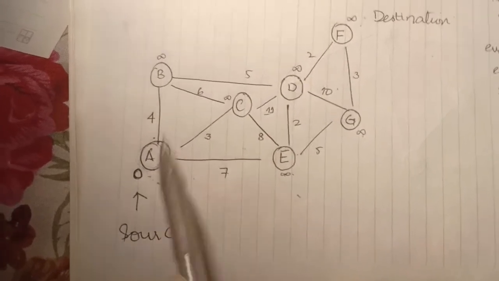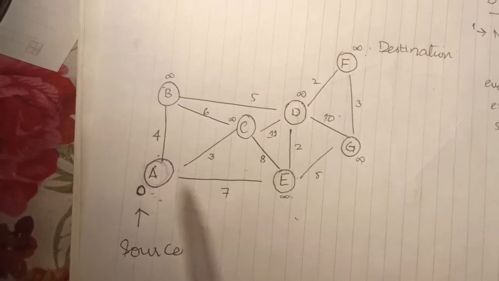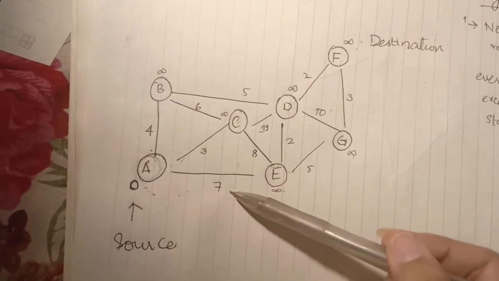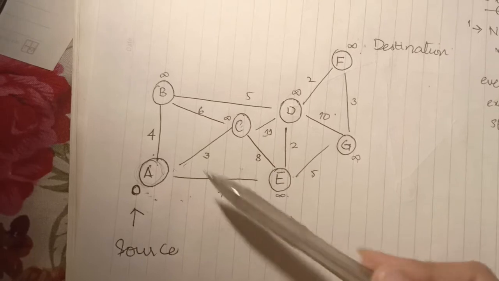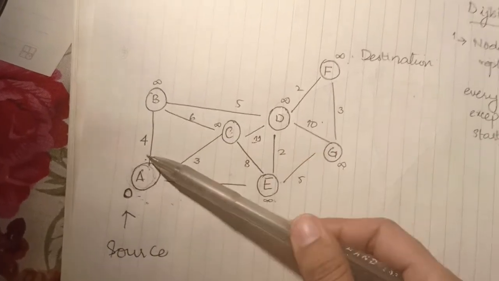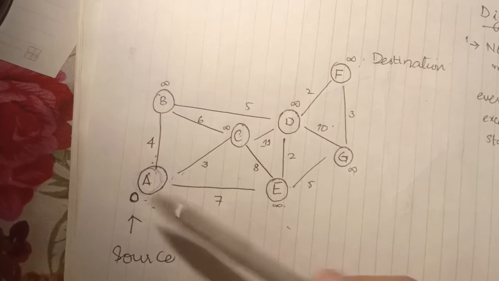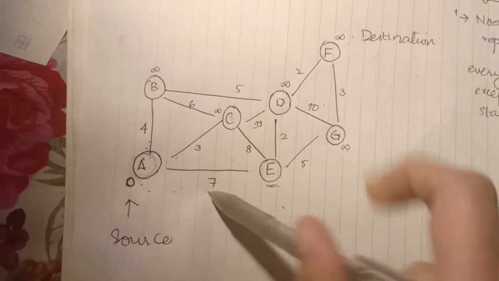With 0 value, you will have 3 paths with E, C and B. And now this algorithm runs as: to go from A to B we have 4 value, to go from A to C we have 3, to go from A to E we have 7 value.